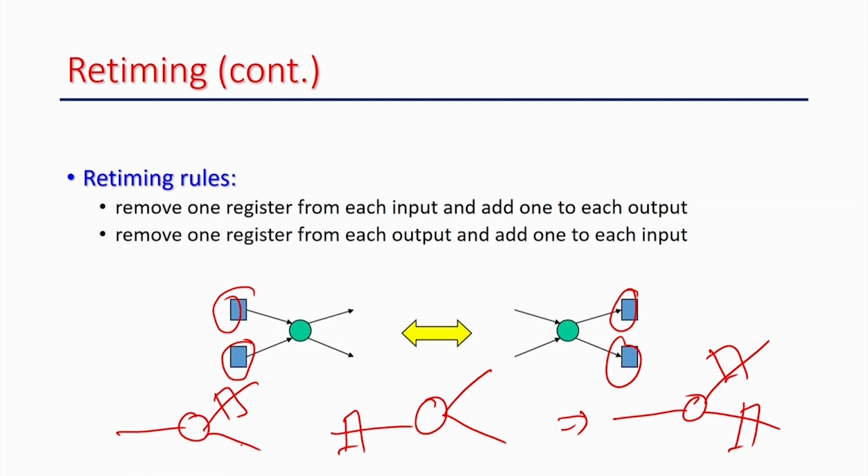You can understand the functionality of that particular circuit will change if you move only one register, because this path does not have any register. So, this is the retiming rule. If all the fan-in have a register, I can move them to all the fan-out of the node, or vice versa.